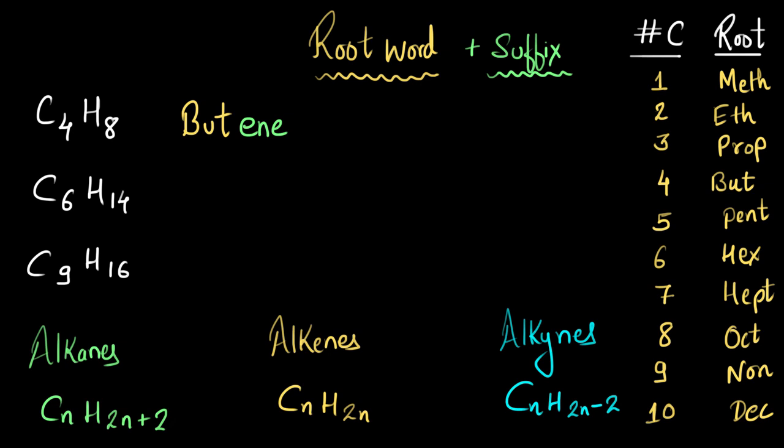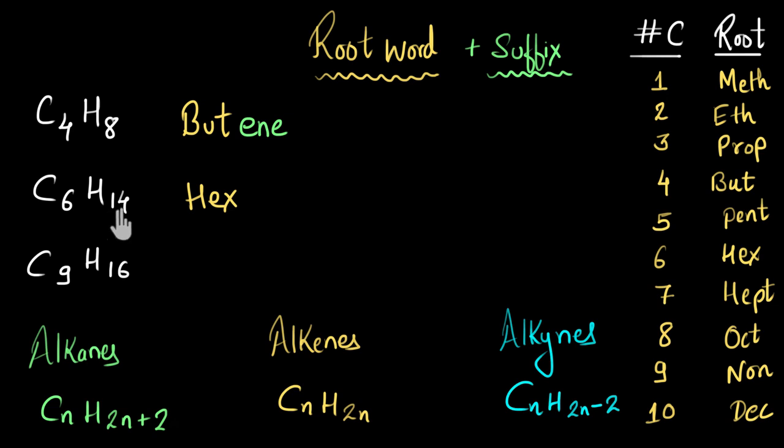Now if you have tried it, let's see. So this compound has 6 carbon atoms. So for 6, the root word used is hex. That'll be the root word. Now let's talk about the suffix, whether this belongs to the alkane, alkene or alkyne family. Well, how I like to remember is I quickly calculate whether the hydrogen number is twice that of carbon. If it is, then it will be alkene.